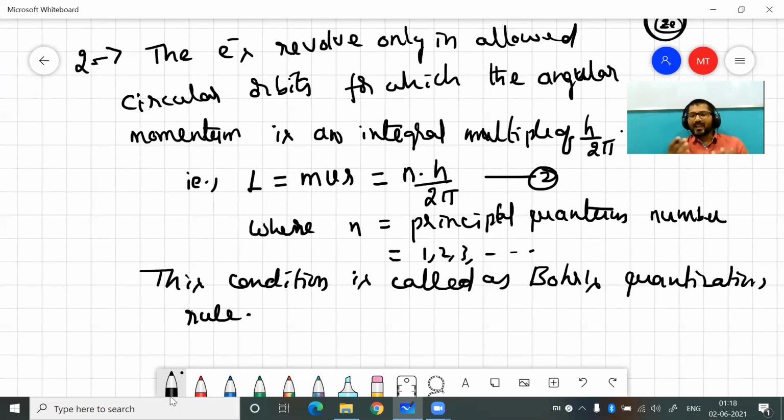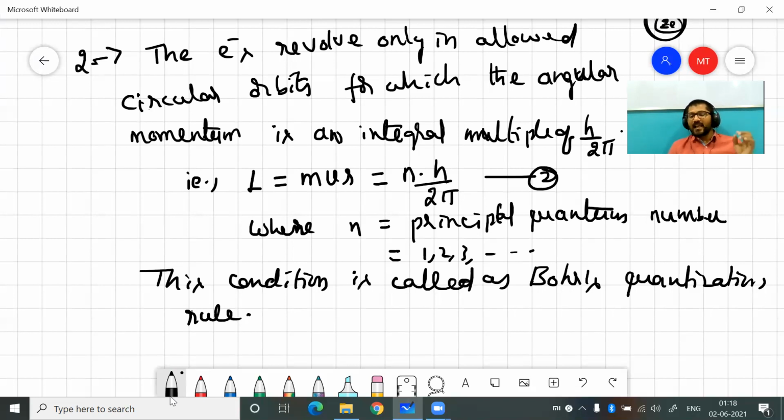For example, which of the following expressions represents Bohr's quantization rule? mvr is equal to 2 pi by h, or 4 pi by h square, or h by 4 pi, or nh by 2 pi. So you have to keep in mind what Bohr's quantization rule is.